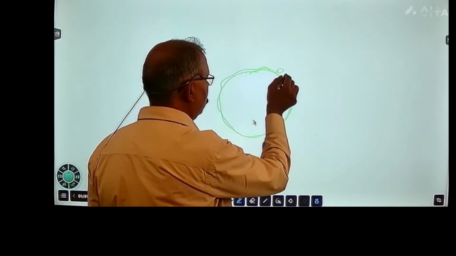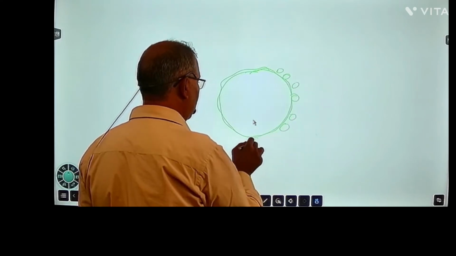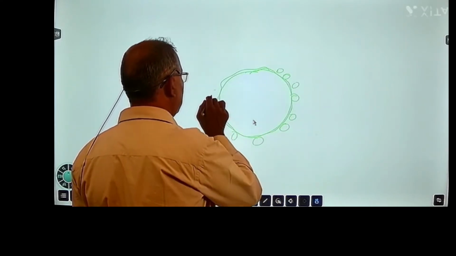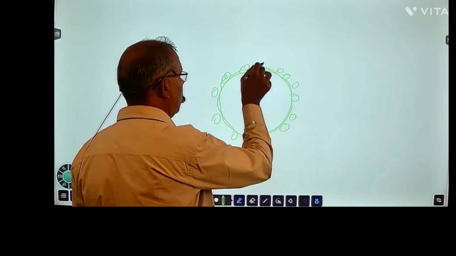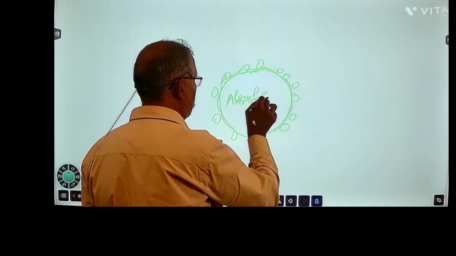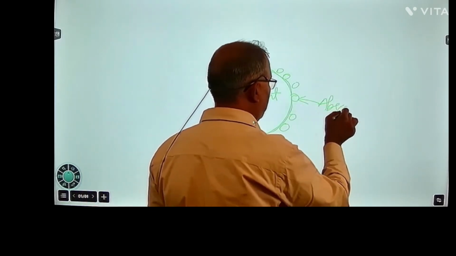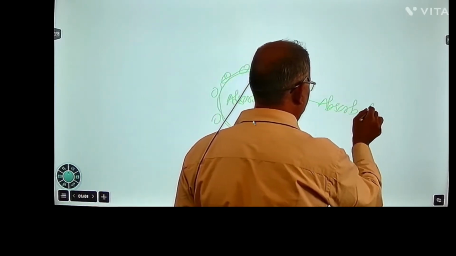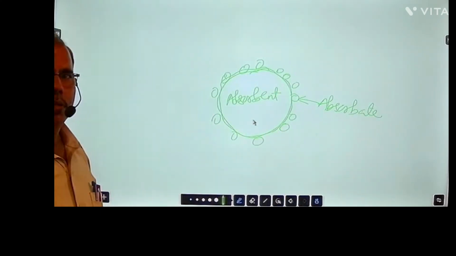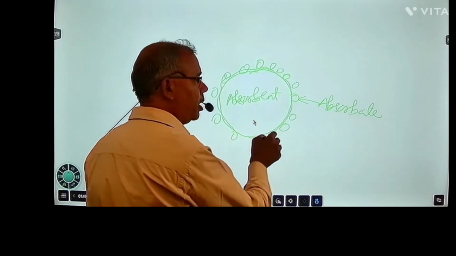Now let's say these are the molecules or particles of adsorbate, that is gas molecules in this case, which are adsorbed on the surface of the adsorbent. Now this is the adsorbent and these particles are the adsorbate. So this is the first layer of adsorbate particles.